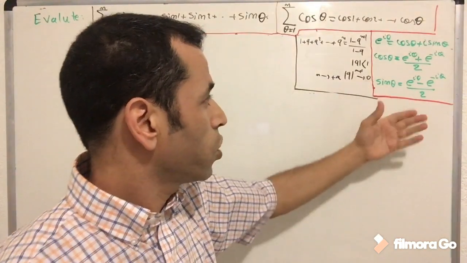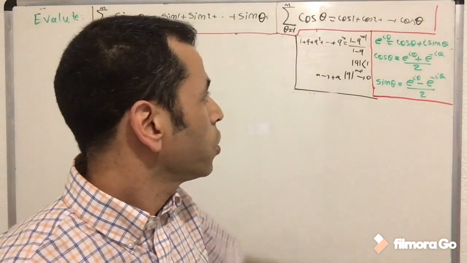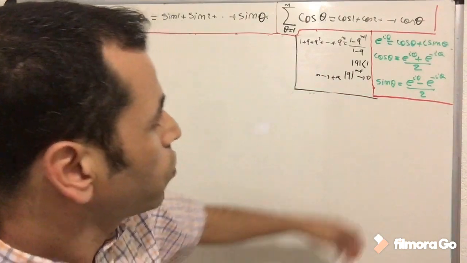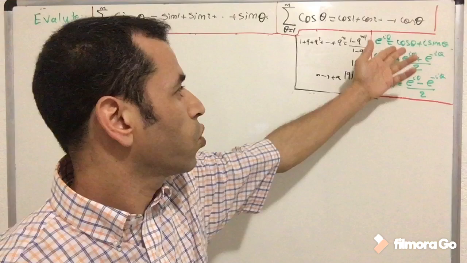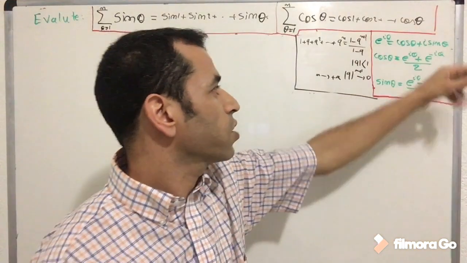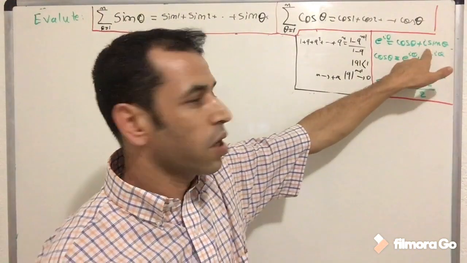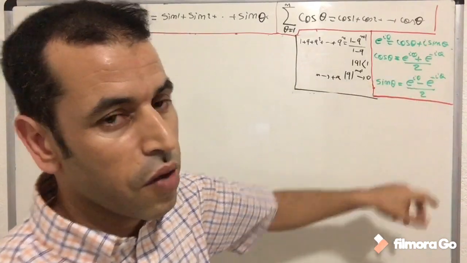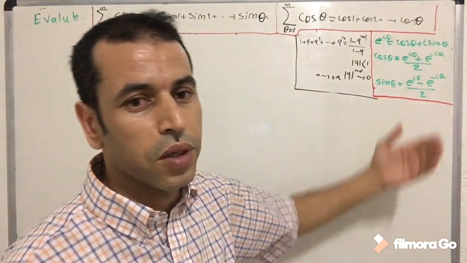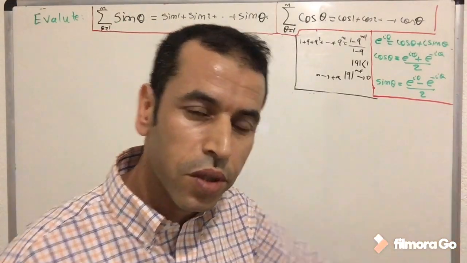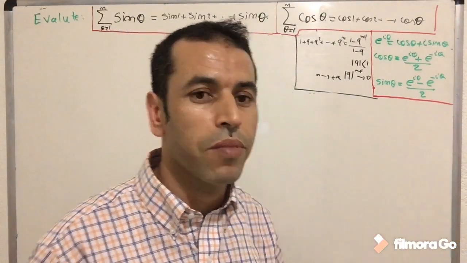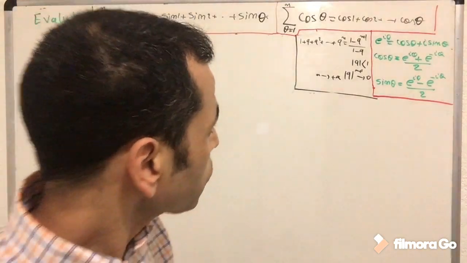So these equations are involved in this form. We have exponential i theta equals cosine theta plus i sine theta. Keep in mind i is a complex number. Every single complex number has two parts. The first part is the real part, the second part is the imaginary part.